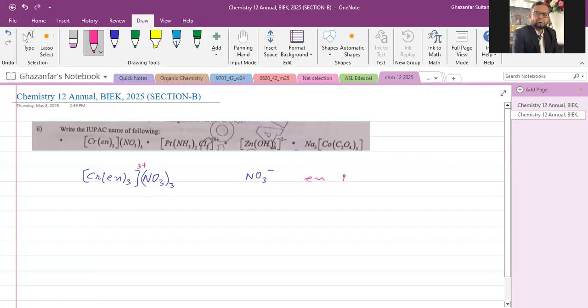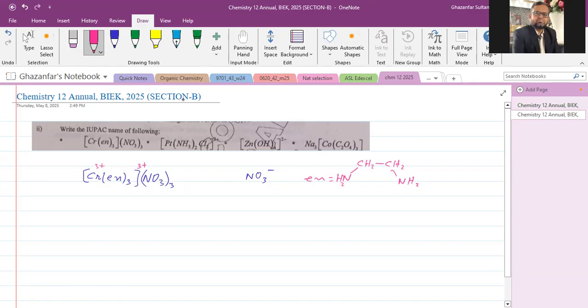En is actually ethylene diamine. It is a bidentate ligand. And another important thing is that it is a neutral ligand. If it is a neutral ligand, it has no charge. So it means the 3+ charge is due to the chromium. So chromium has 3+ charge.